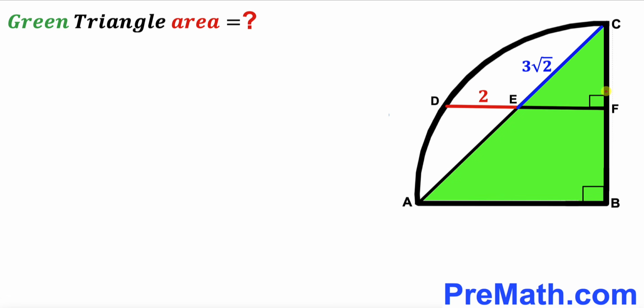In other words, this angle is our 90 degrees angle. This segment DE length is 2 units, and the segment CE length is 3 times square root of 2. And now our task is to calculate the area of this green shaded triangle ABC.